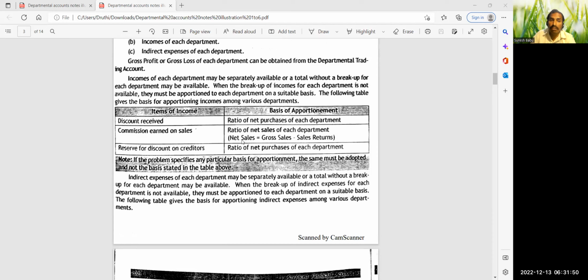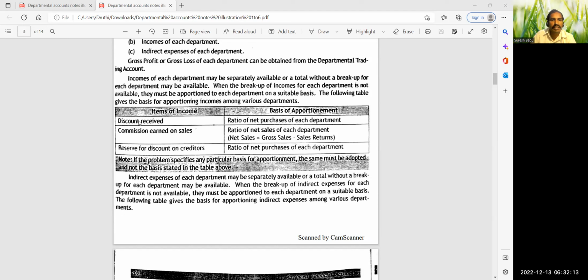If the basis is not given, then you are going to follow this category, item of income, basis of apportionment. It is very, very significant. If you know this, then it would be easy for you to allocate expenses and incomes to each department, whether direct or indirect.